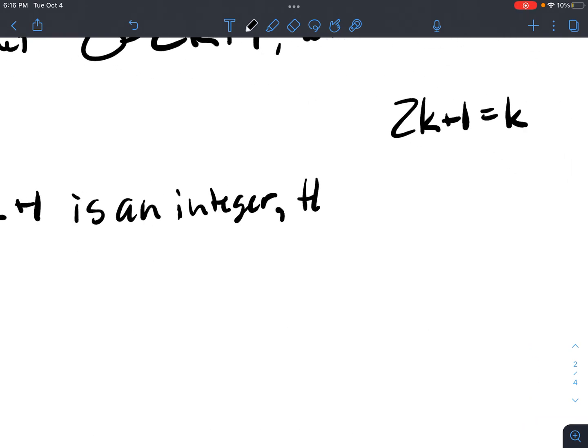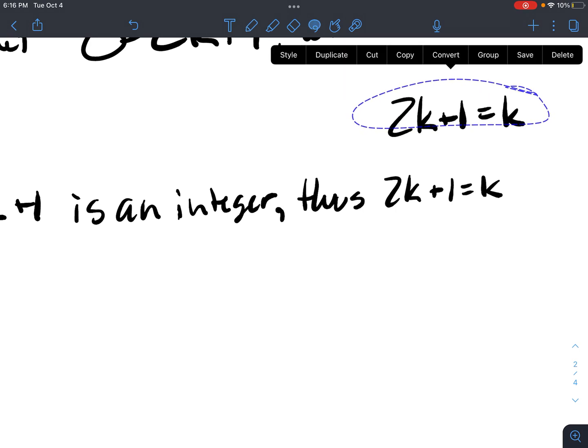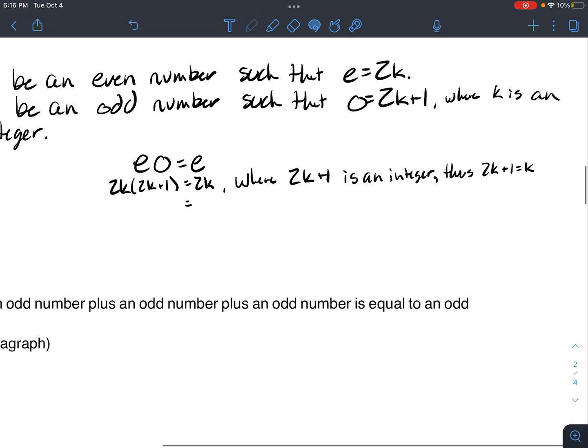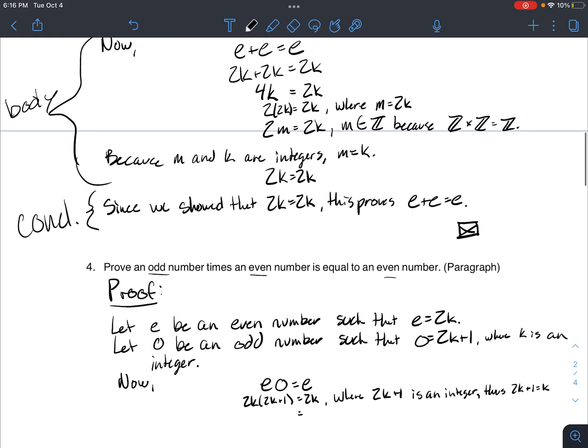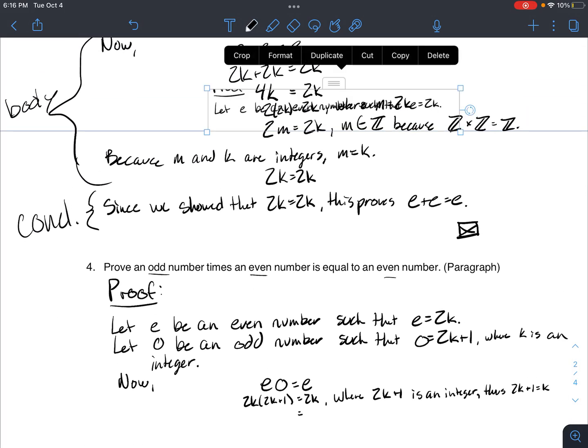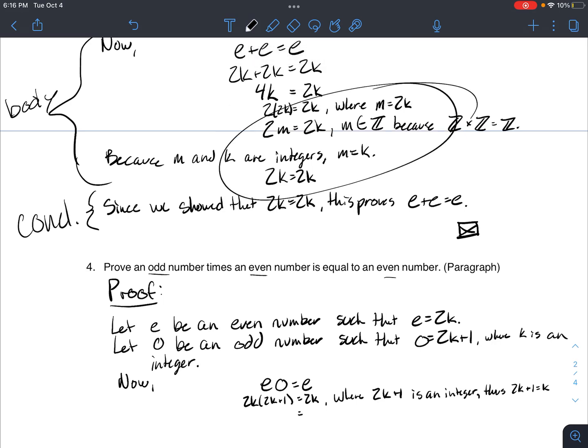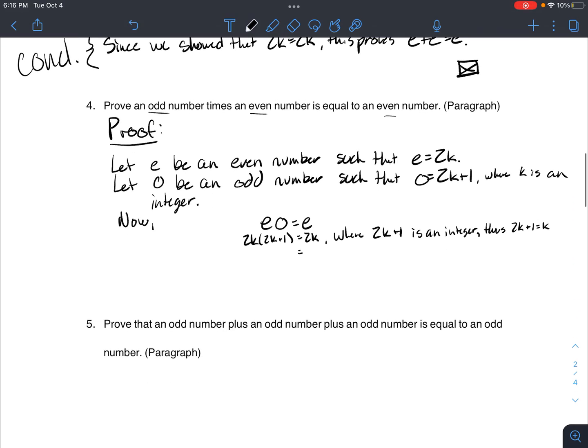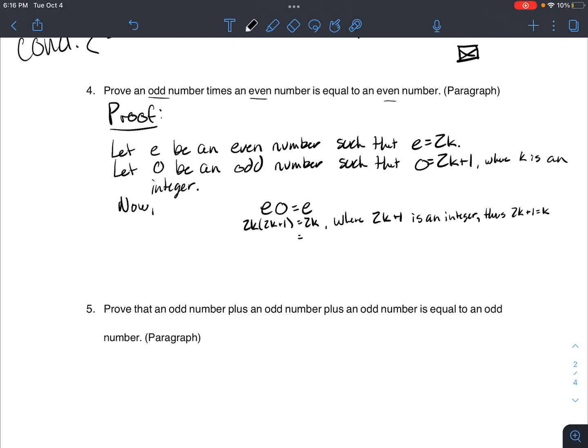So we could just say thus 2k plus 1 is equal to k, because they're both integers, and that's why we can do that. So I'm trying to give you a little flavor of everything. This time I did it sort of exhaustively up top here. This way is going to be a quicker one.